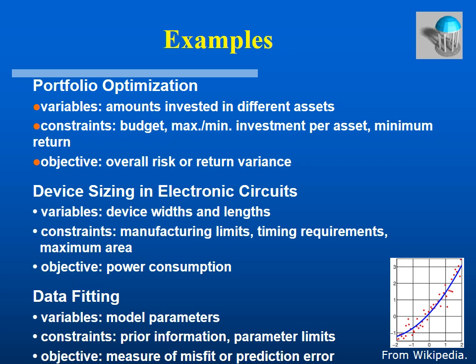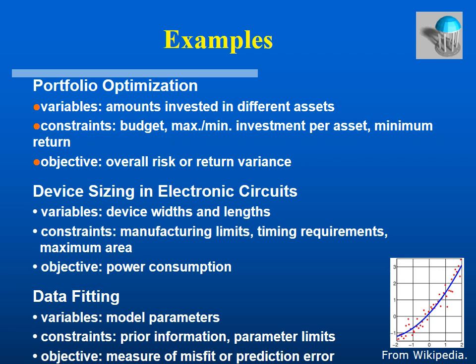In another example, device sizing in electronic circuits, we may be trying to design a chip, and we know that the wire widths and the wire lengths are the major things that matter.